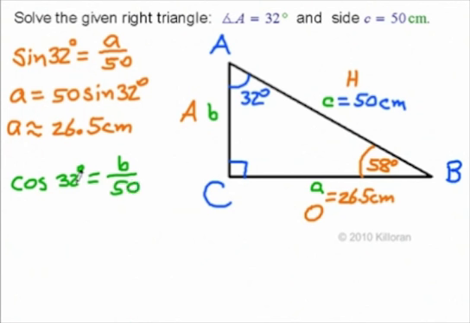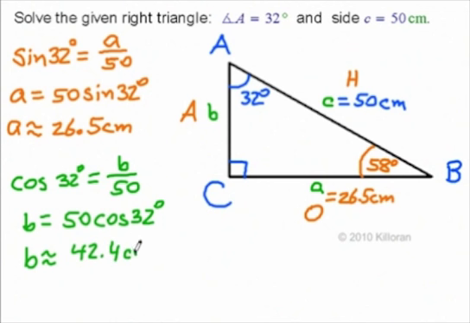Then the same thing, we multiply both sides by 50 and get b is equal to 50 times cosine of 32 degrees. After typing it in the calculator, we get an approximation for that side, which is about 42.4 centimeters.